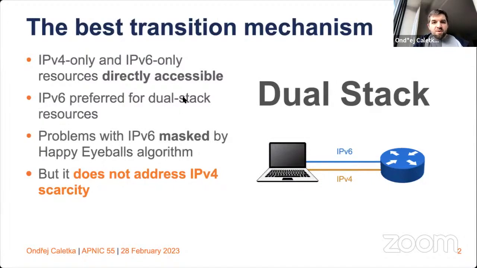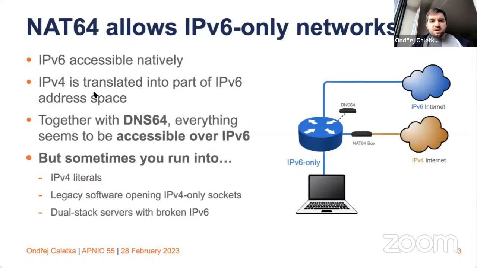Therefore, we have another solution that sounds much better. It's called NAT64, which basically means that you can have an IPv6-only access network and provide IPv4 only as a service over the IPv6 network. In this case, the service is a translation.